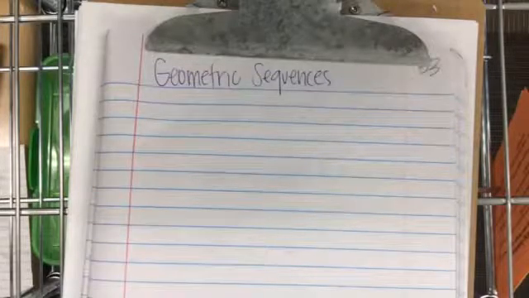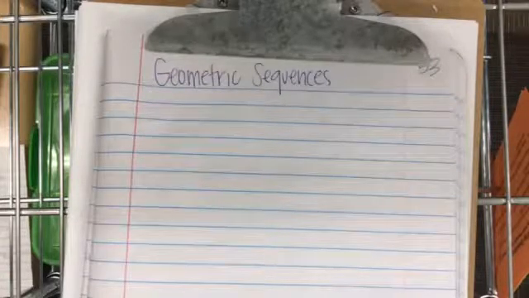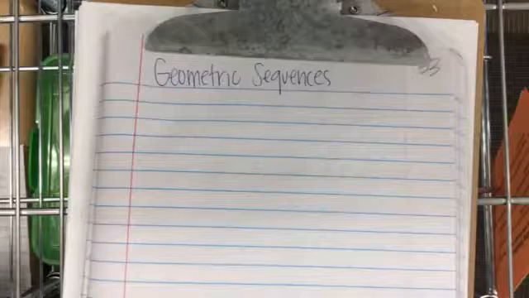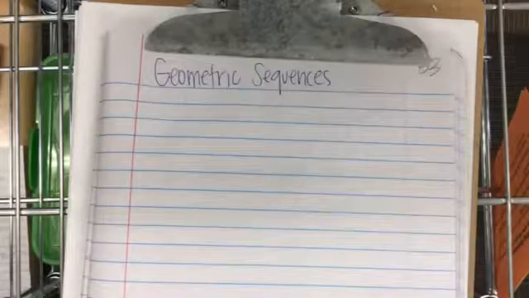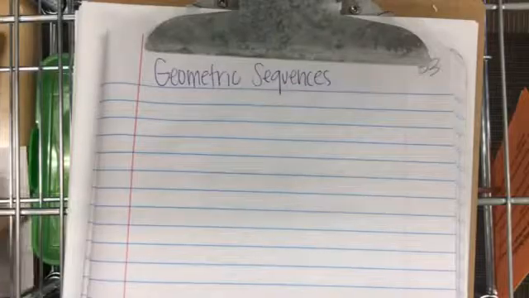Geometric sequences are when there aren't any labels to it. It's just a random pattern and they're asking you, is there a pattern to this set of numbers? Okay? Probably should have done this before we did exponential functions, but everybody makes mistakes.